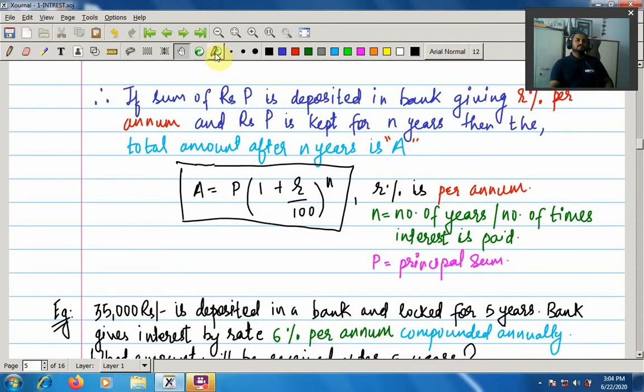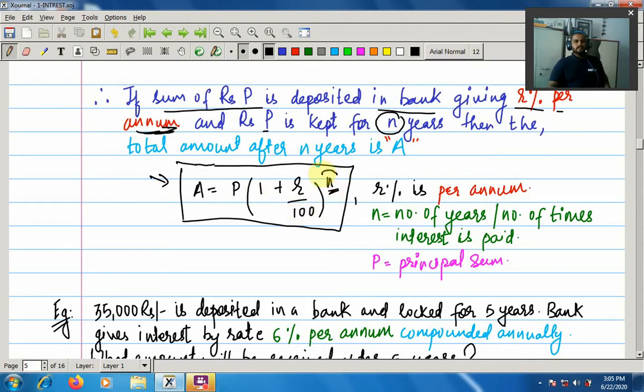Okay, let's read this. If a sum of rupees P is deposited in a bank and the bank is giving me R percent per annum and P is kept for n years, so this n is the number of years and my rate of interest is per annum, then the total amount I will get after n years, the formula is A = P(1 + R/100)^n.